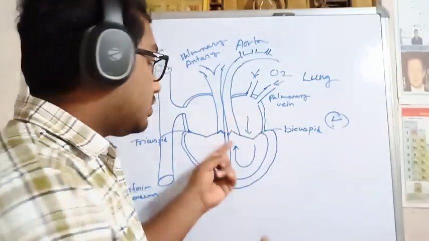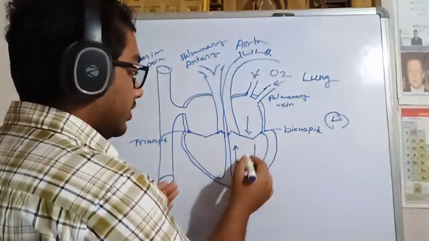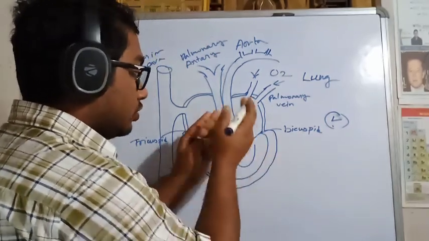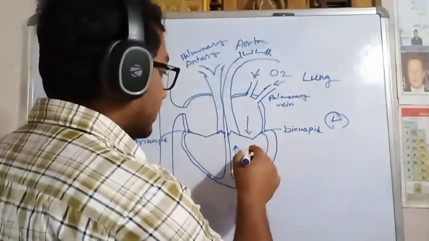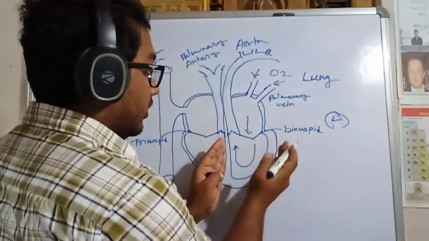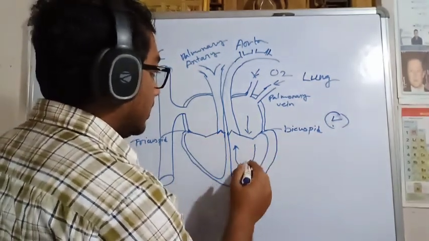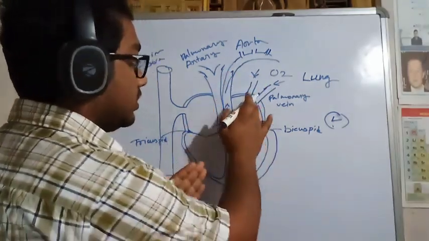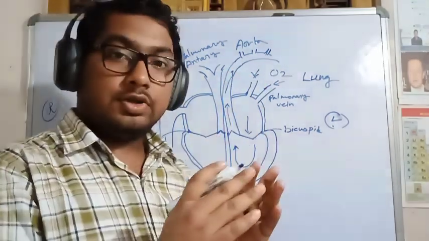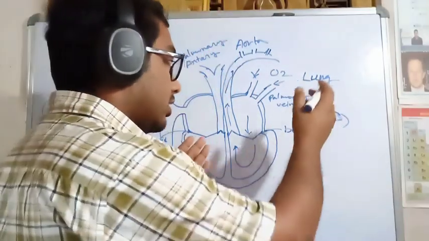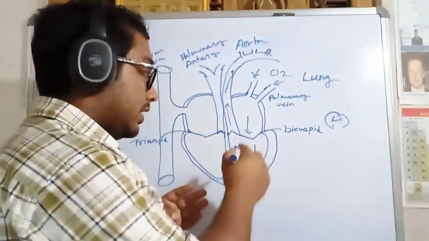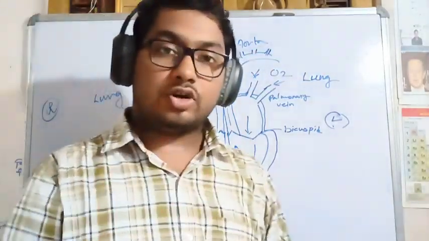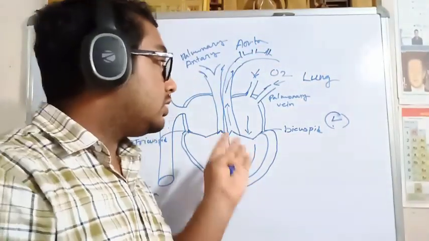When the left ventricle contracts, the blood goes through there, and the valves are closed. First the left atrium expands, then the blood comes from the lungs. This way it is spread all over the body, which is the systemic circulation.